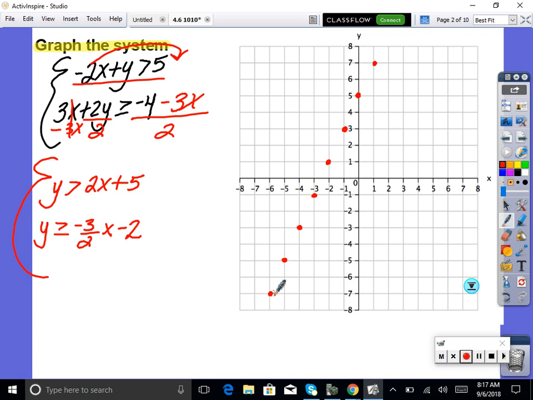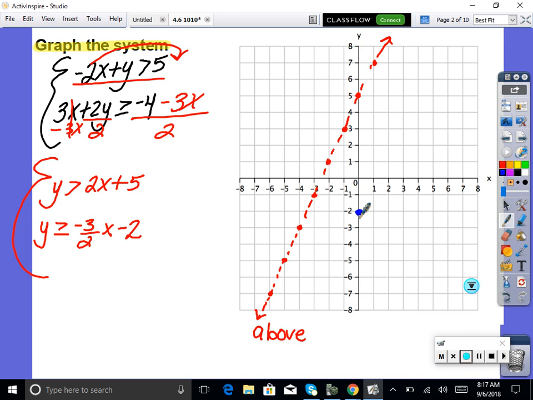Then is it including the line? Nope. So this line is going to be dotted. Then I always write, somewhere at least, right here by the line, it's y values above the line. So I'm going to write above. So I can think about that in a minute. Now ignoring that line, and graphing this one. So my y-intercept's at -2.